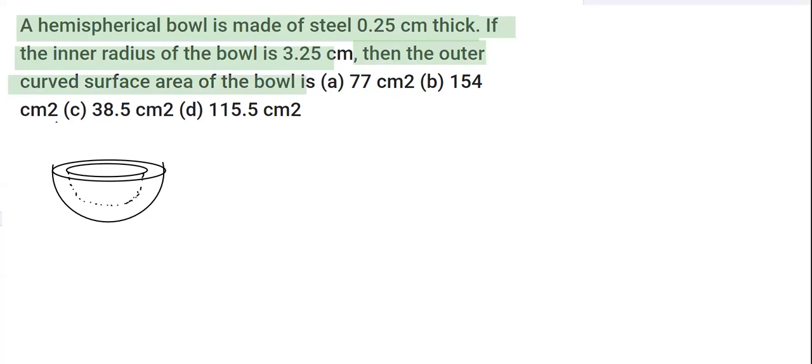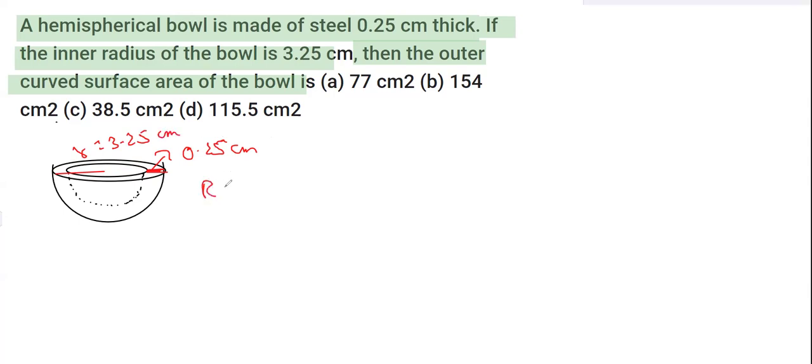What we know already here is this thickness, and this is given as 0.25 centimeter. This is the inner radius, and this will be the outer radius. The inner radius r is given as 3.25 centimeter.